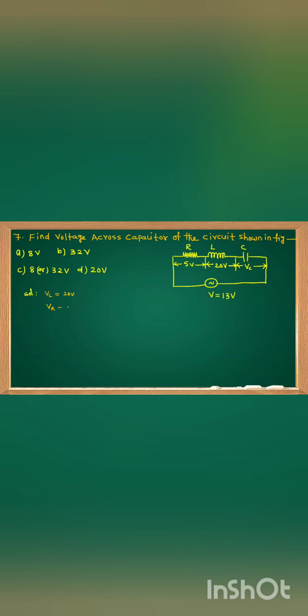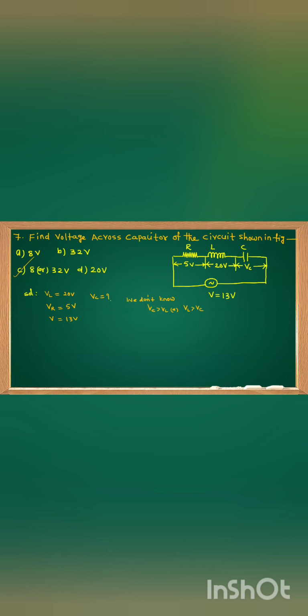VR is given as 5 volts. V is given as 13 volts. But you have to find VC. But we don't know whether VC is greater than VL or VL is greater than VC. That's why two values are possible. Simply, without solving also, option C is the right answer.